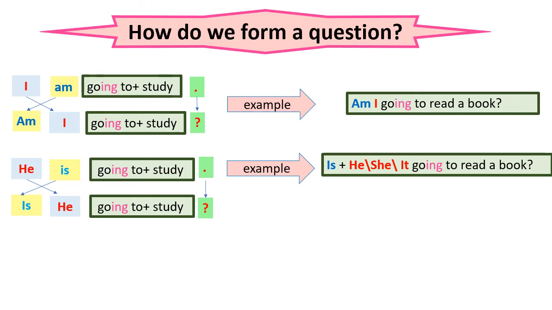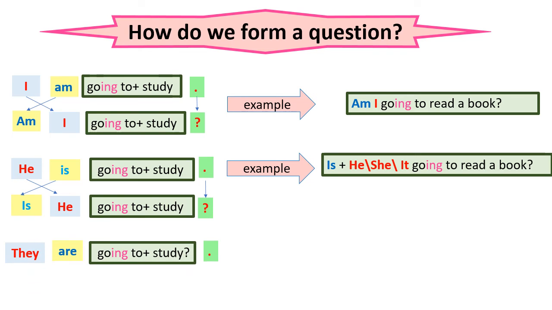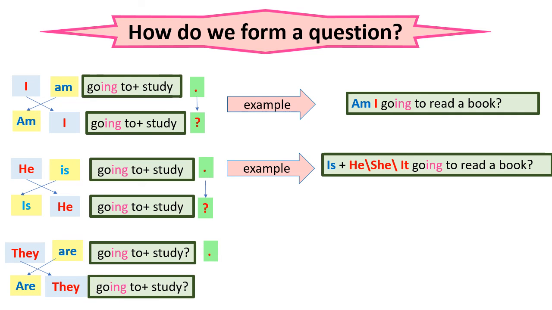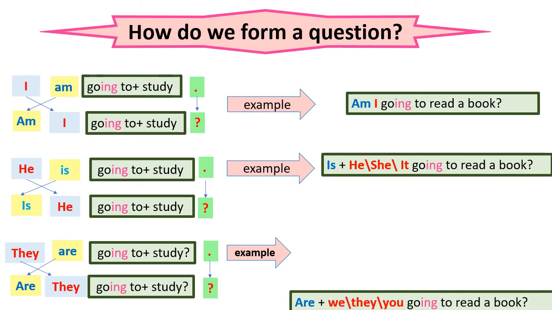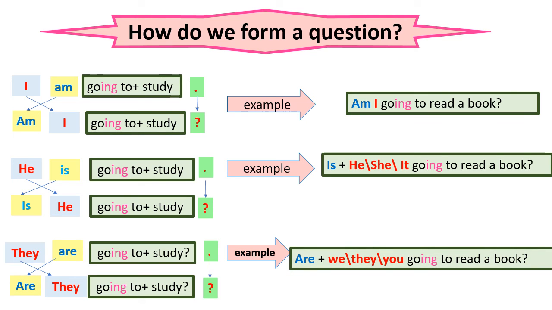Is she going to study? Is it going to jump up? They are going to study. And the question is: are they going to study? Are they going to read a book? Are we going to read a book? Are you going to read a book? So this is how we can form the question. This is a yes/no question.